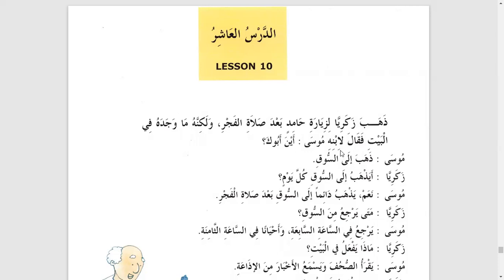Faqala li ibnihi, and he said to his son Musa. So why do we have Musa? Musa is a non-Arabic name, sir. Excellent. But why do we need to mention Musa here? When he says faqala li ibnihi, he said to his son, it's enough.